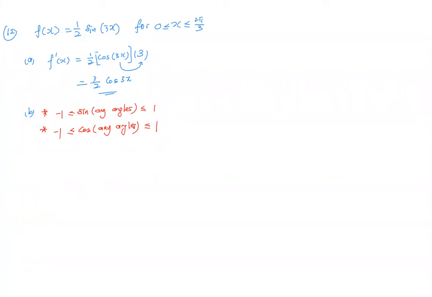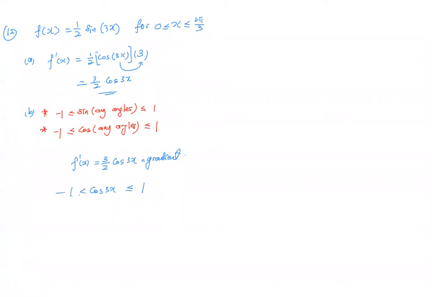So my f prime x is 3 over 2 cos 3x. All right. So this is the gradient. So cos 3x highest is 1, lowest is -1.